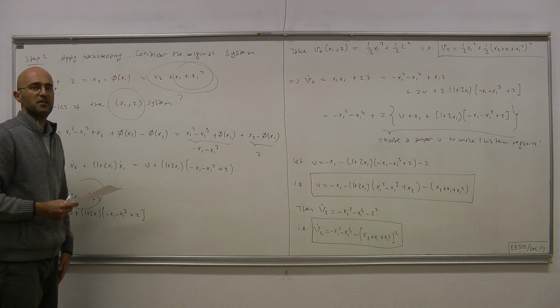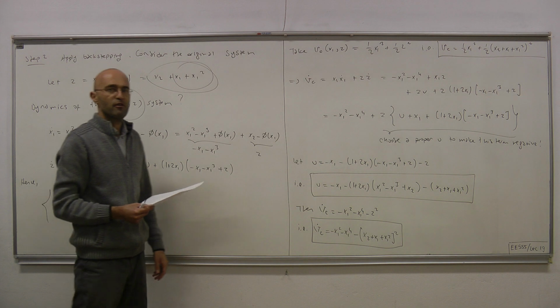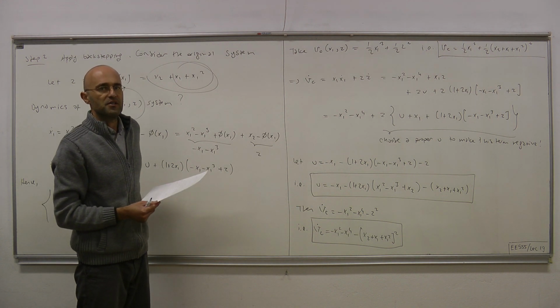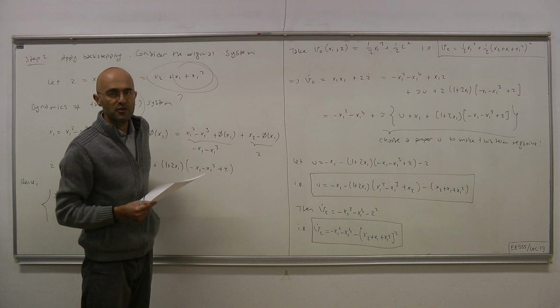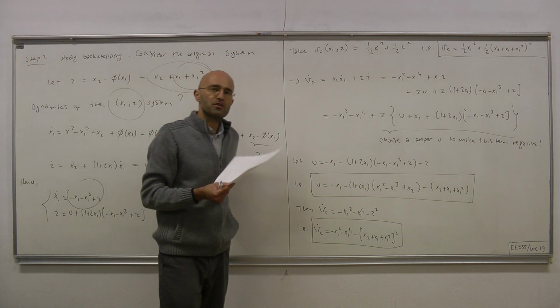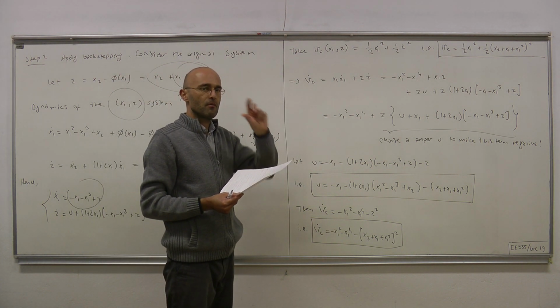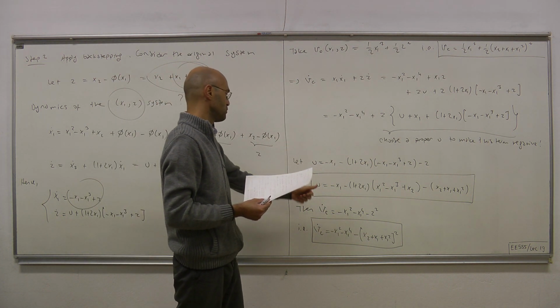Now we can forget about z because we have expressed everything in terms of the original coordinates x1 and x2. For the given original system, x1 dot equals something, x2 dot equals u.